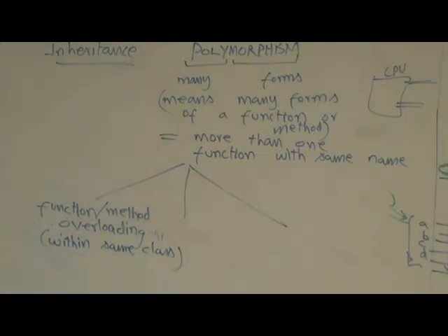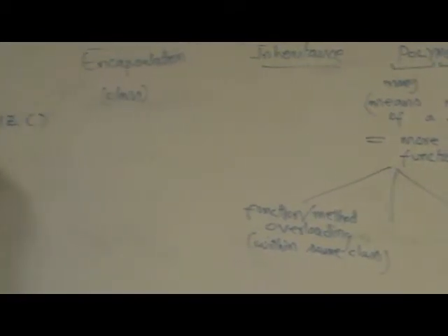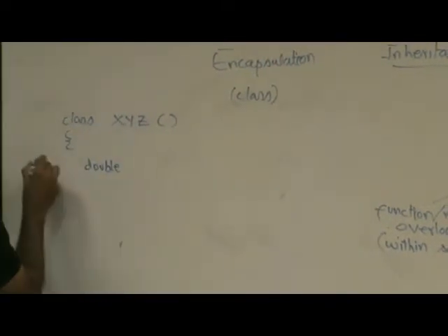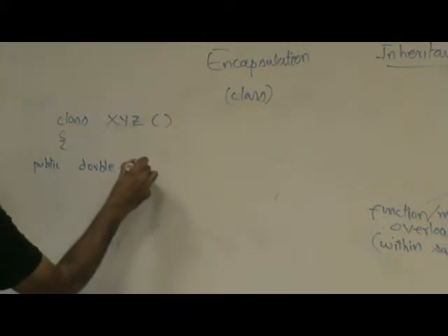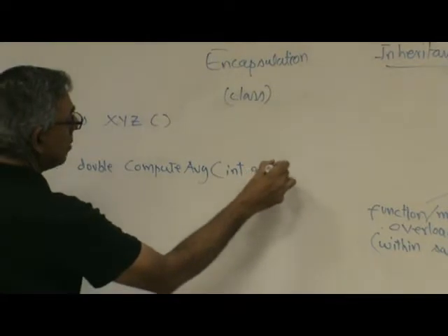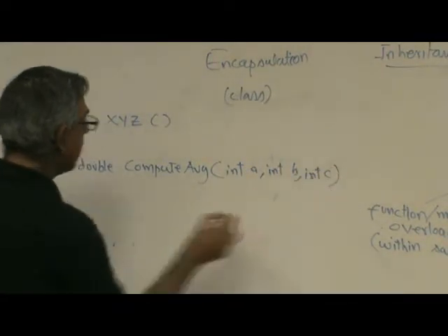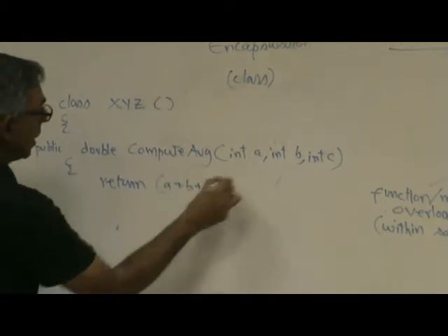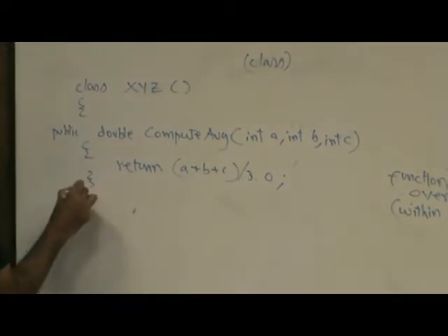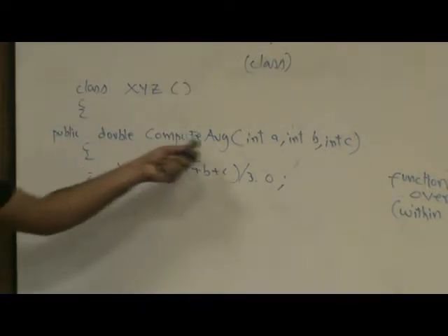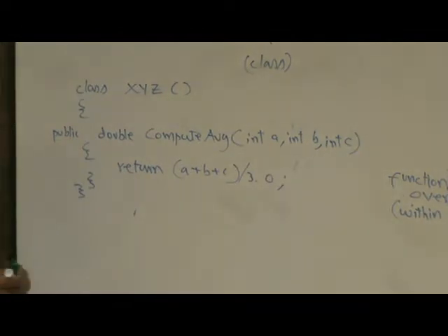Very quickly to give you an example, let's say you created some class XYZ. You wrote some method over here, public double computeAvg(int a, int b, int c), and you did return a plus b plus c divided by 3.0. Now, can we write one more computeAvg in the same class, which takes 4 parameters instead of 3? Yes.